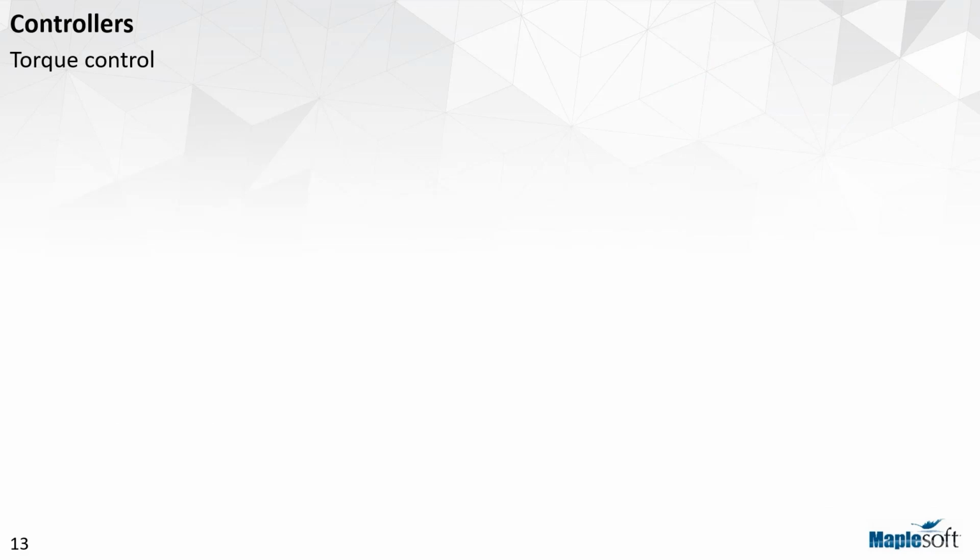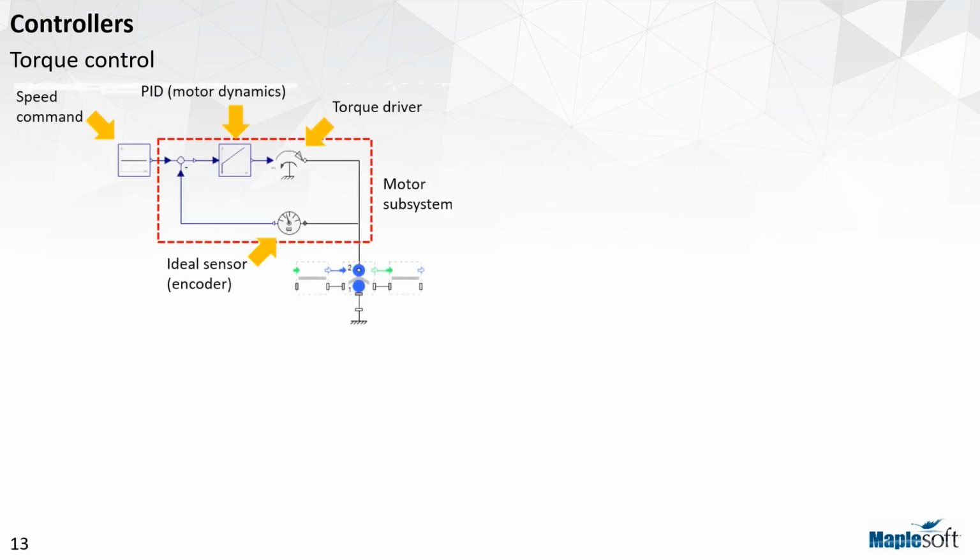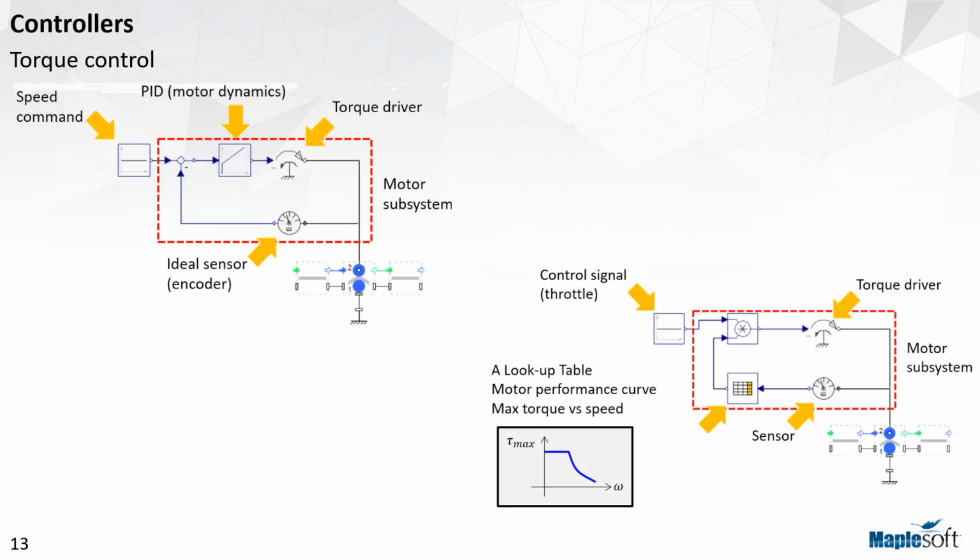We can also look at controllers for torque control. There are two schematics here for adding torque control to your system. On the left, we have a feedback loop. We have a speed command input as well as a PID that might house your motor dynamics, for example. And this signal is provided to a torque driver, and the torque driver is then supplying control to a nip roller.